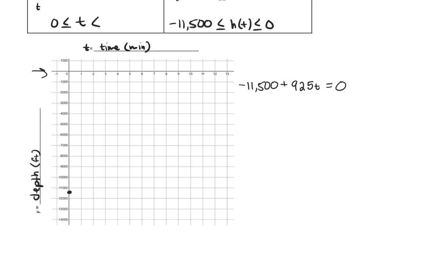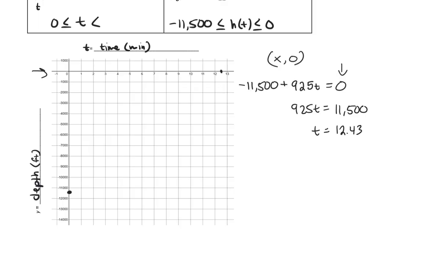So that means my x-intercept happens when y is 0. So I just replaced y with 0. So I'm going to solve that equation. I have 925t is equal to positive 11,500. I do that division and I get 12.43.